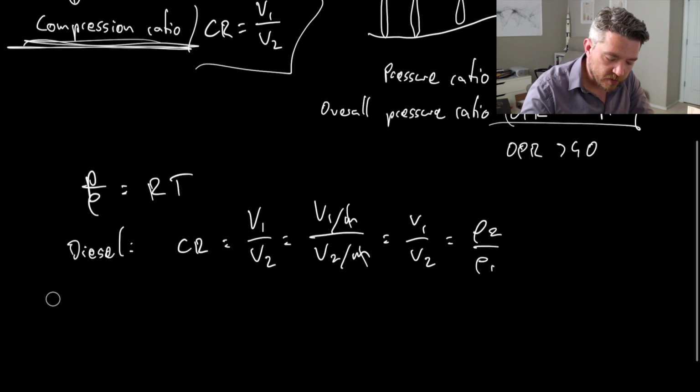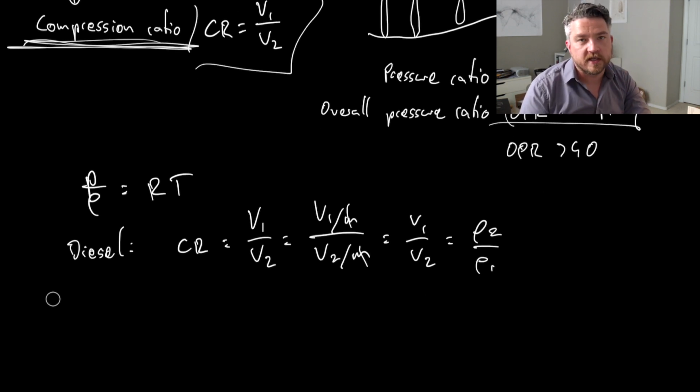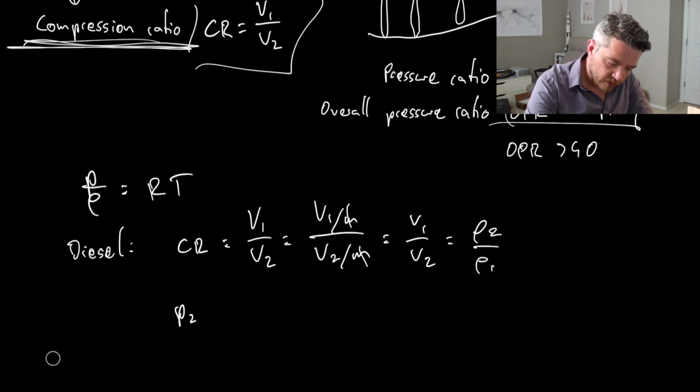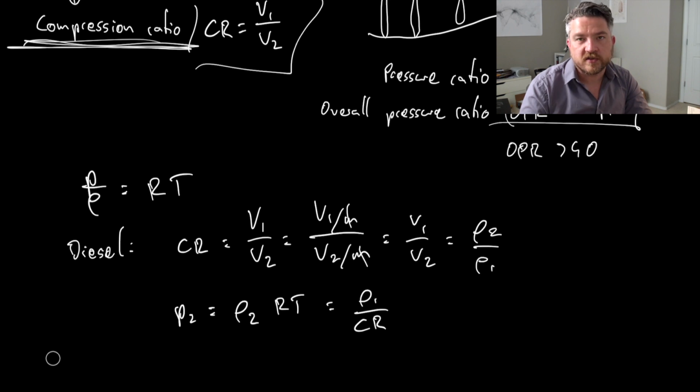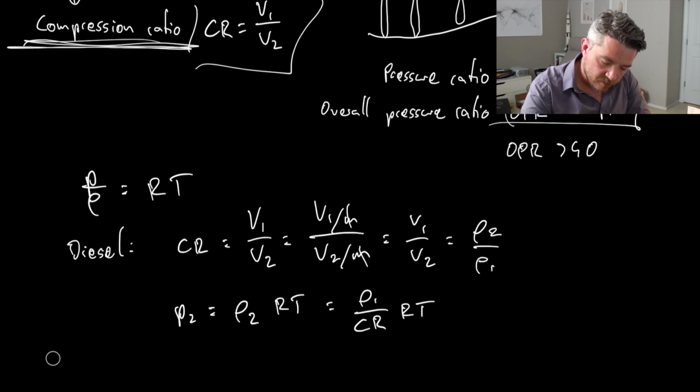So what we can do now is to plug that back into our ideal gas equation of state. And we can write for the pressure, that is the density times RT. We can use the compression ratio to change that and express that in terms of properties that we know from what's going on before the engine. That is the density at 1. And this is what we end up with.